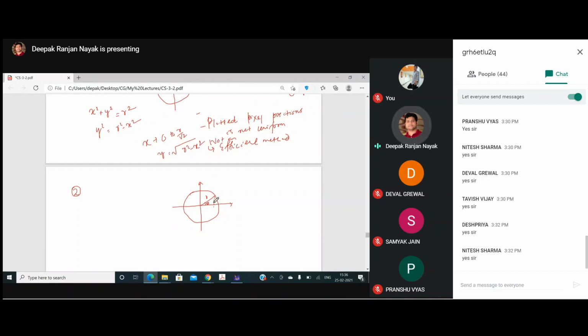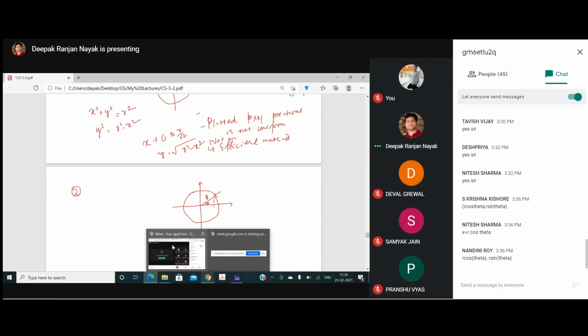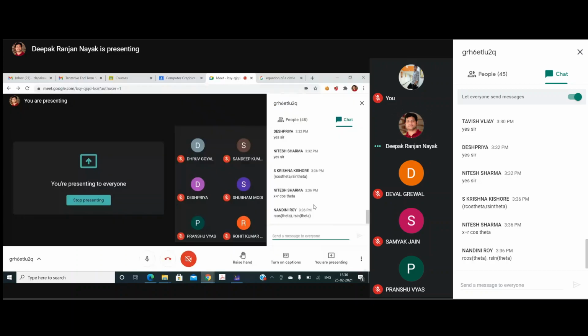What is x, what is y here in this case, and what is this point? What is x if this is radius r and this is theta? X is equal to r cos theta. Y is equal to r sin theta. Very good, thank you all.